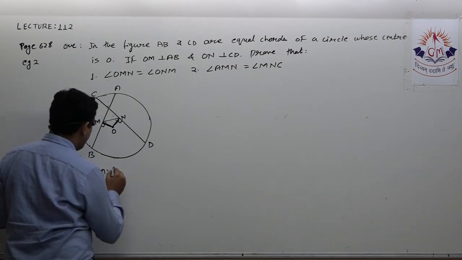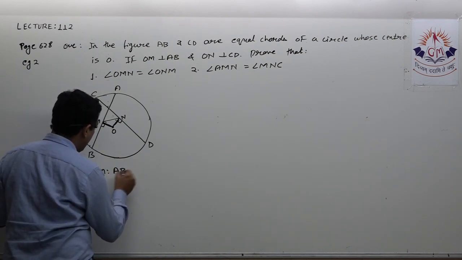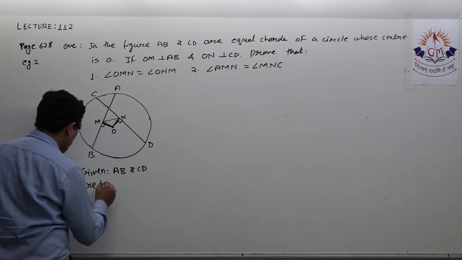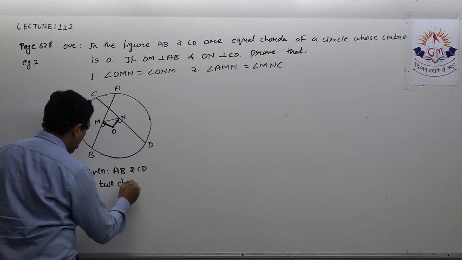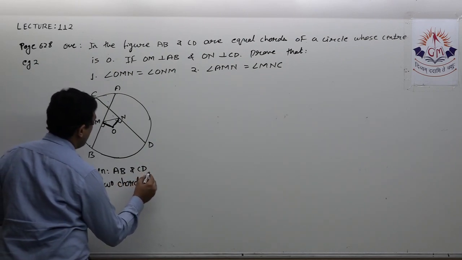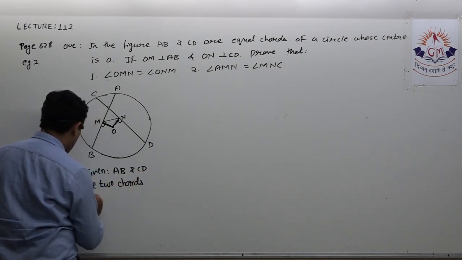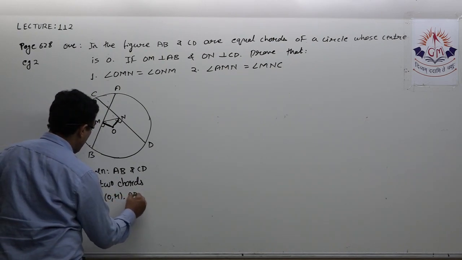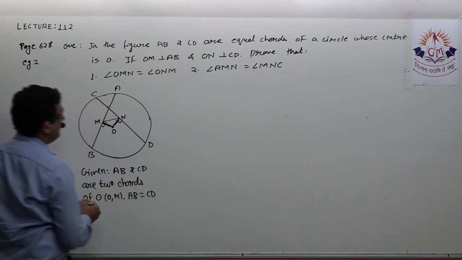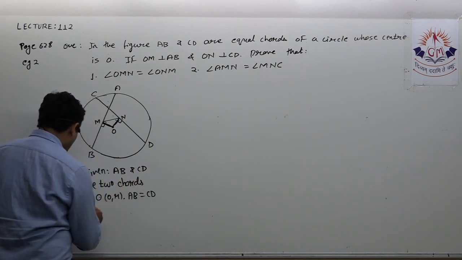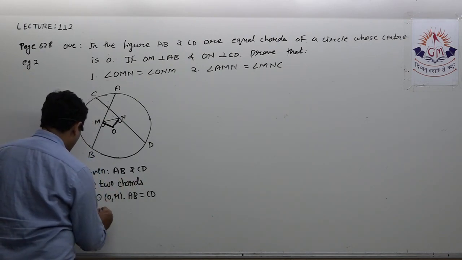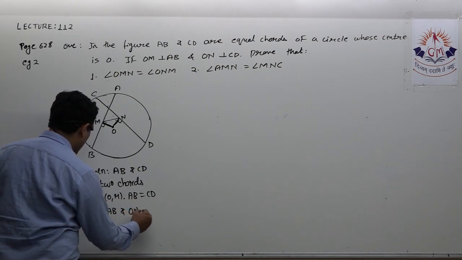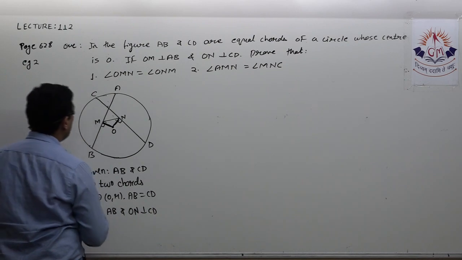Given: AB and CD are two chords of circle O comma R. AB is equal to CD. OM perpendicular AB and ON perpendicular CD, that is given.